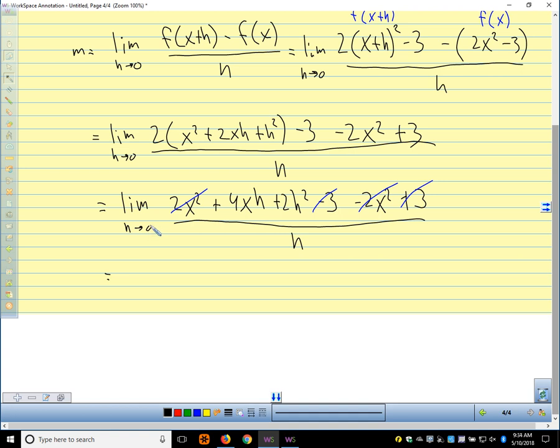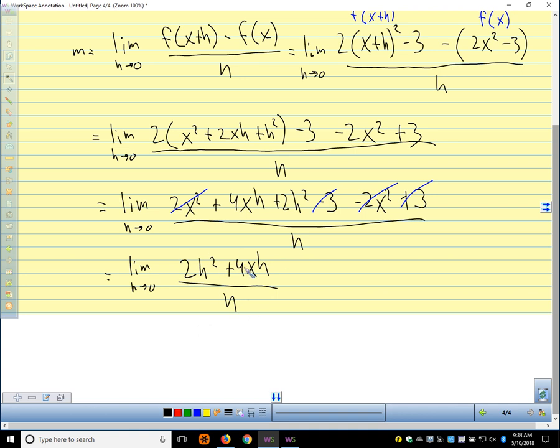So we get the limit as h approaches 0. I'm going to rearrange here. 2h squared plus 4xh over h. And what should happen when we do these limits is you should get to where you can cancel out an h. So you don't have that h in the denominator anymore.